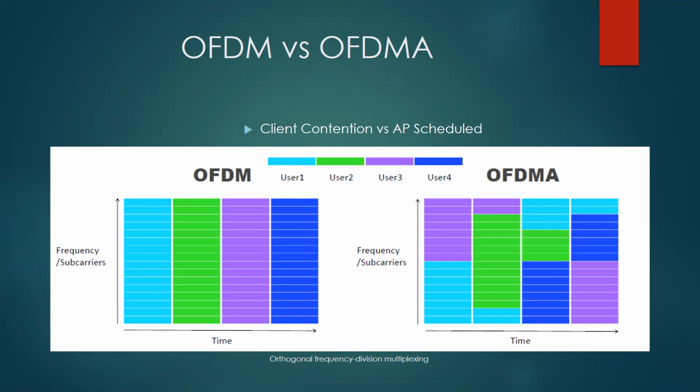OFDMA is not a new technology. It's actually been used quite a bit. That's how cell towers can support so many phones and so many users all at the same time. OFDMA is a big reason for that.